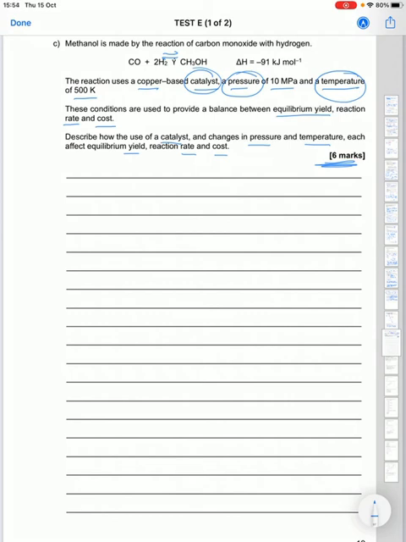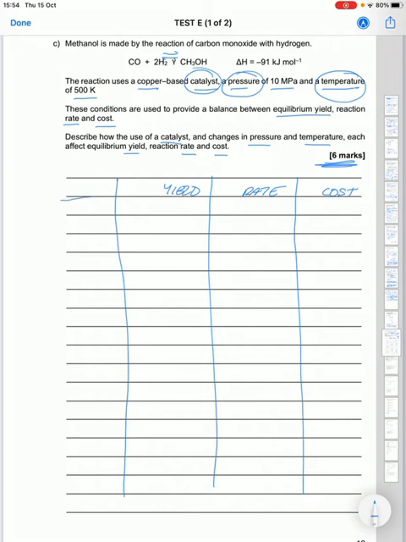The easiest way to do this is in a table, really. So, yield, rate, cost. Hopefully I won't run out of room. Okay, and we'll start by talking about a catalyst.